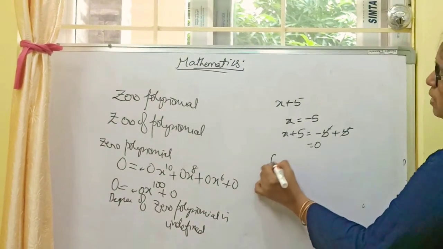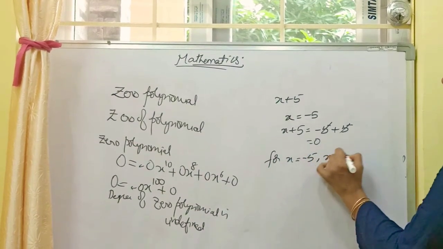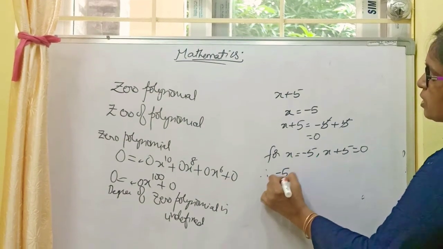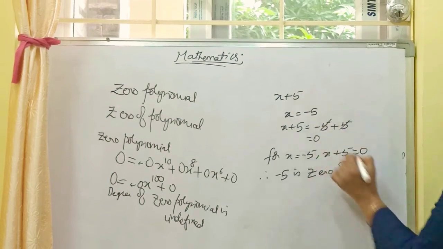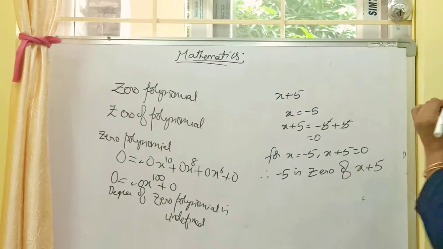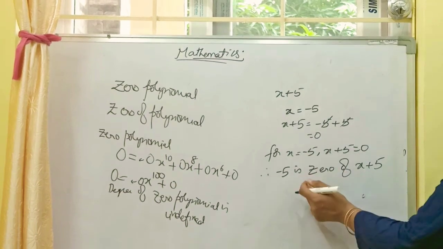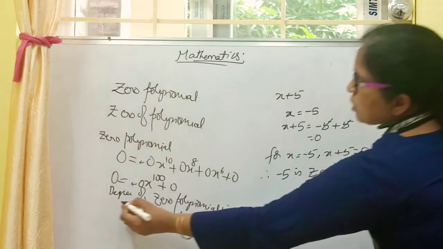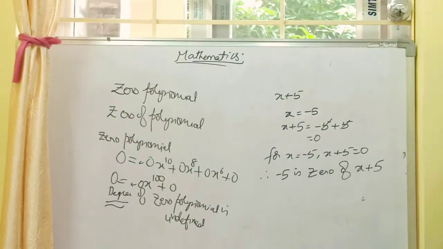So for x equal to minus 5, x plus 5 is equal to 0. Therefore minus 5 is the zero of the polynomial x plus 5. So that is the difference between zero of the polynomial and zero polynomial. And the first thing you have to remember is the degree of the zero polynomial is undefined.